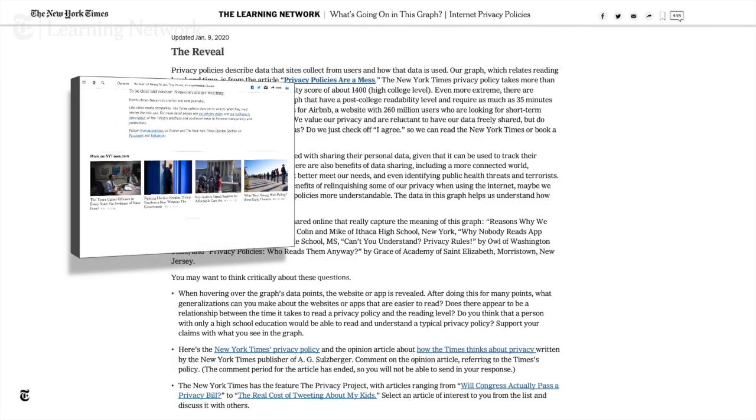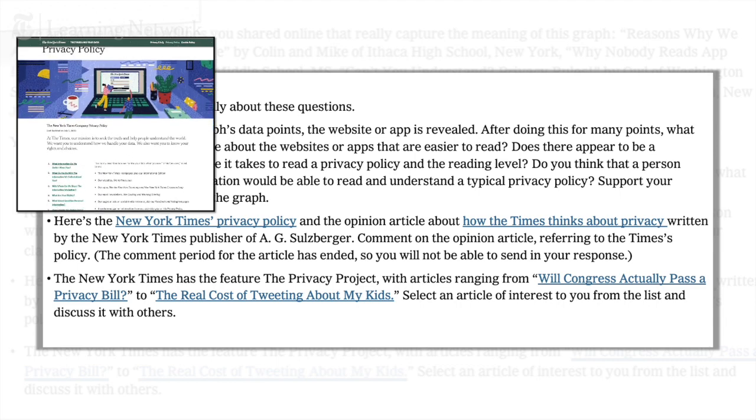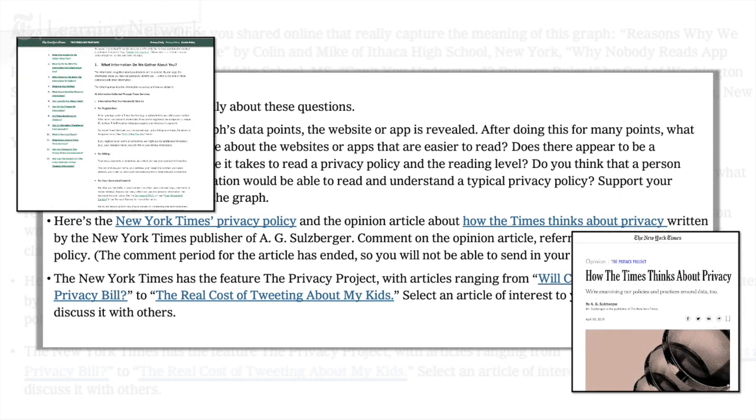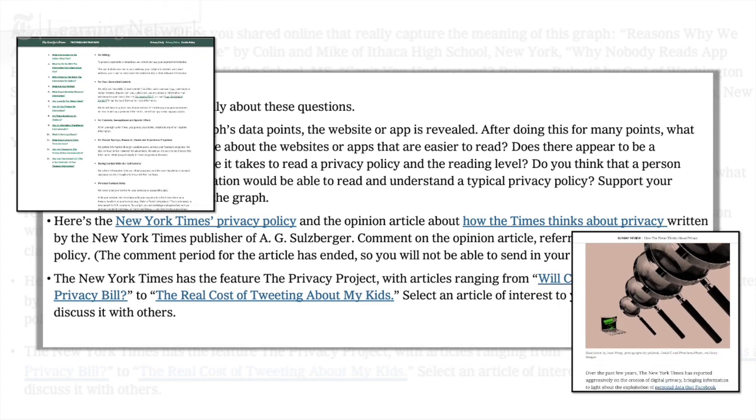Some of the questions get into more depth about the statistics of the graph, and some are really just questions that go beyond. For example, on this one, on internet privacy, we say, here's the New York Times privacy policy. What do you think of it? Okay, and then there's also an explanation from the Times of why they have that particular policy. So we give you that as well.